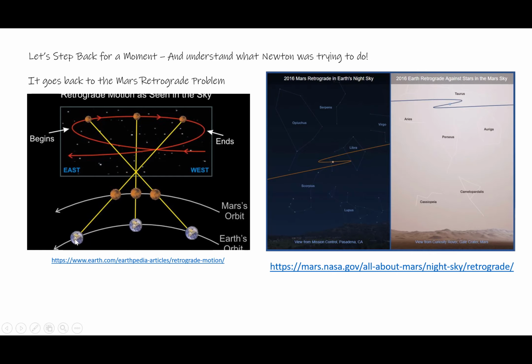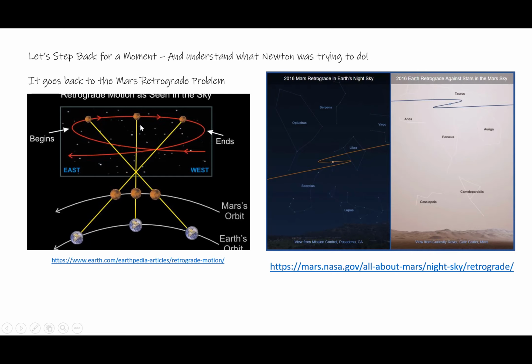So what's happening here is, let's start here. When I'm looking at Mars from this position, Mars appears in the sky over there. Now, as I start to move here, and as Mars is moving, remember the Earth's in a closer orbit, so it's going to move faster around the circle than Mars is.